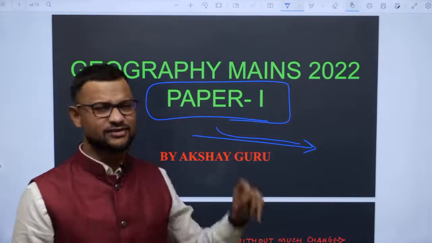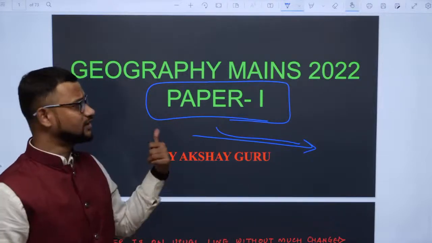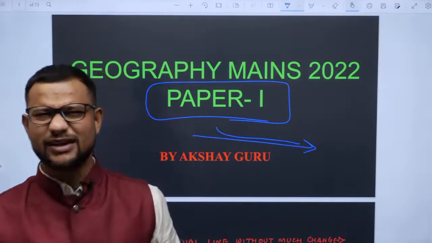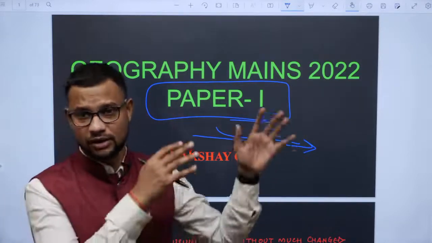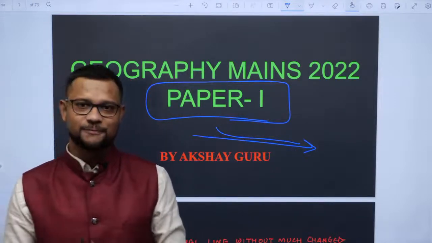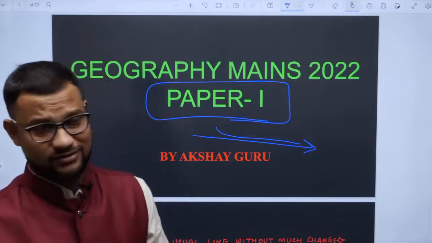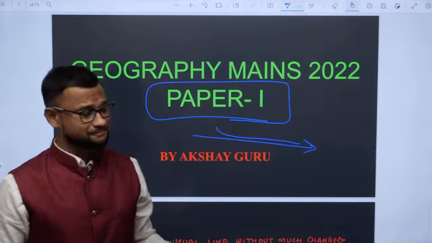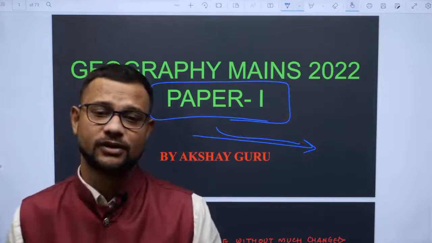Gray areas in the sense I did find one, that speleothems question. Otherwise even the pollution dome and the rest of the questions are quite easy to deal with. So with this basic understanding or introduction, now I would like to start this analysis of the paper.